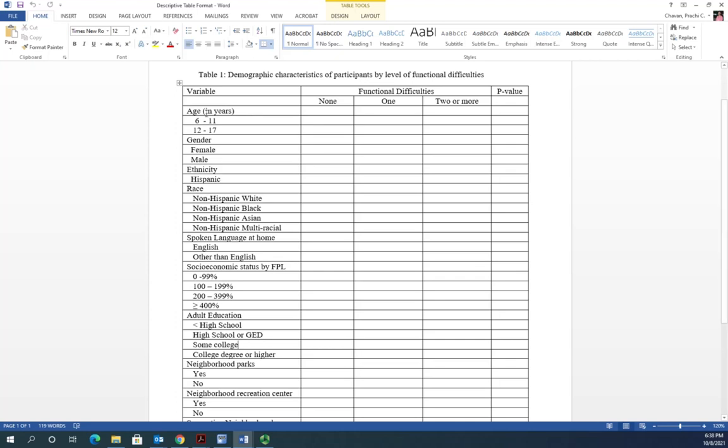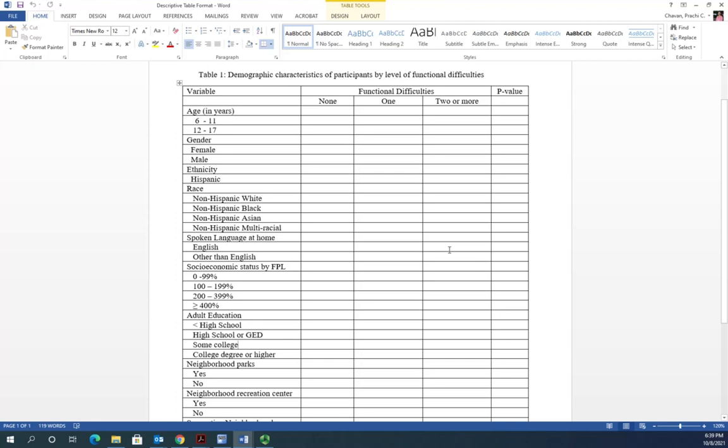So you have to be very specific that age is in years. Then gender is male and female, and this way you have to first write that specific variable, and then the response categories just indent at least 3 spaces, and then keep it consistent throughout when you are working on the other variables also, so that your table looks nice and clean.